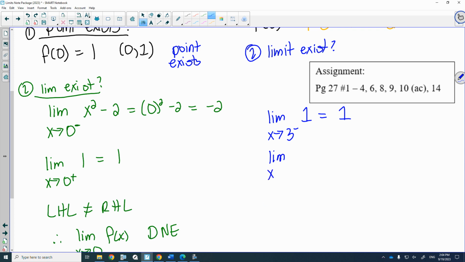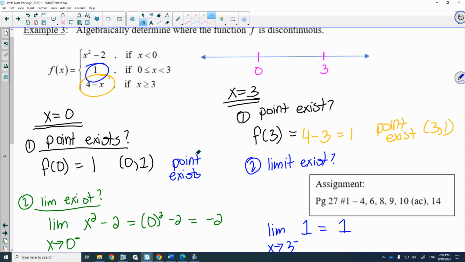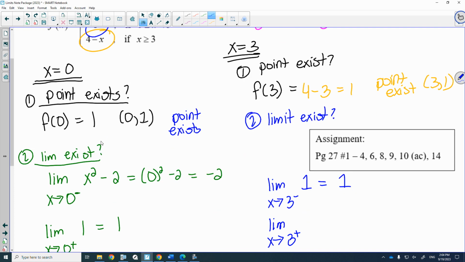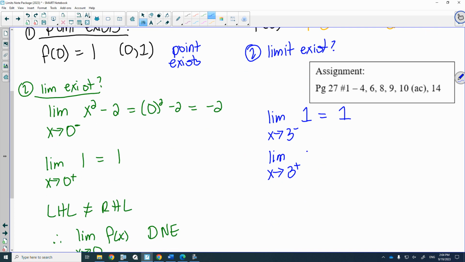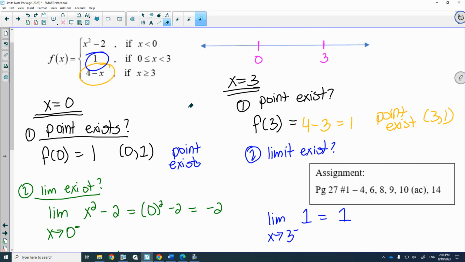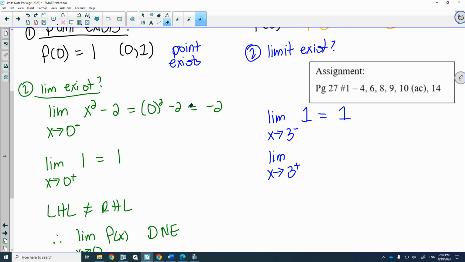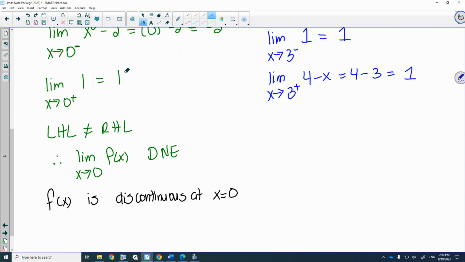Limit as x approaches 3 from the right would be this guy here, greater than or equal to 3. So it'd be 4 minus 3. I should actually write what function that is. 4 minus x. Left-hand limit equals right-hand limit. The limit exists.